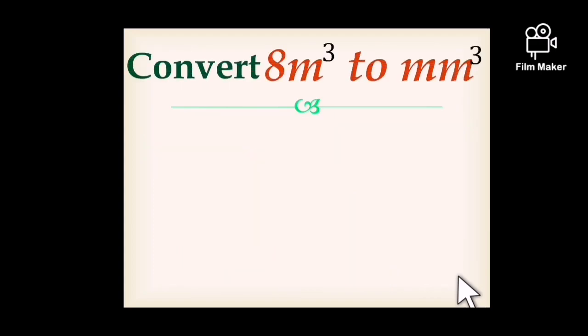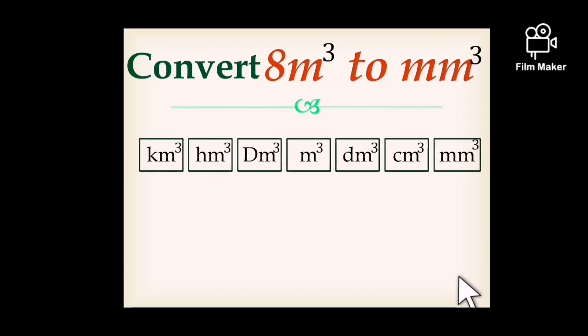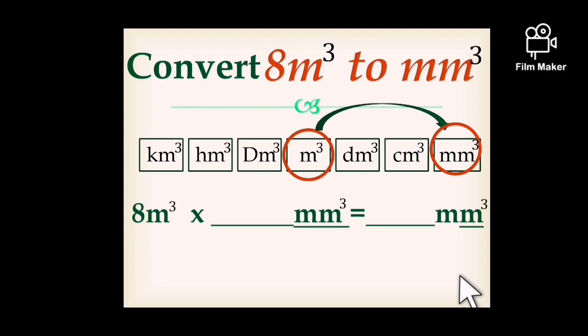So let us convert 8 cubic meter to cubic millimeter. Using the pattern that we have, from cubic meter to cubic millimeter is 3 units away.